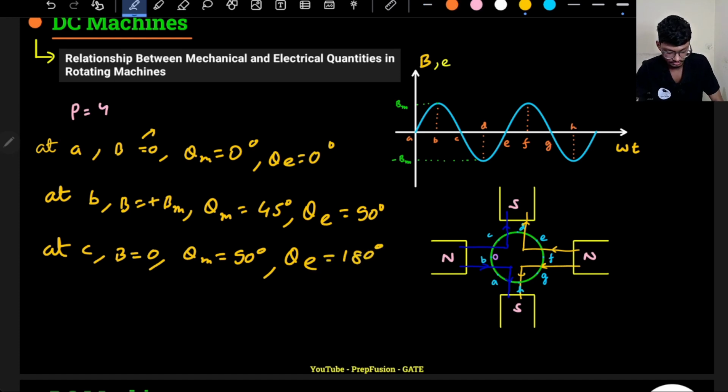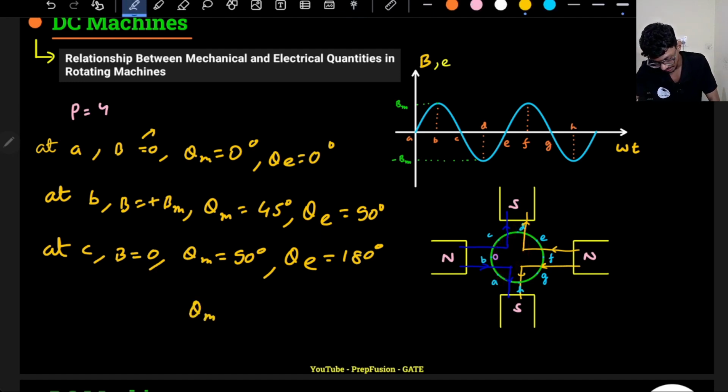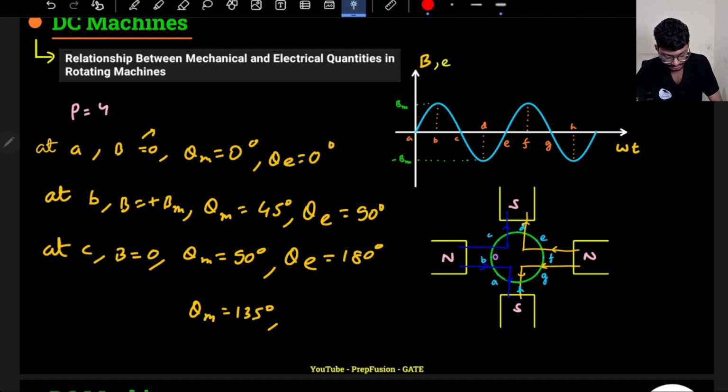So I will just do the last one. If I am here at point D, how much have I rotated? I have rotated a total of 135 degrees, right? This is 45, this is 45, this is 45. So mechanically I have rotated a total of 135 degrees, but electrically where am I? Electrically again it is a peak, but this time the flux lines are going in the opposite direction. They are going out of the conductor, not incoming to the conductor.